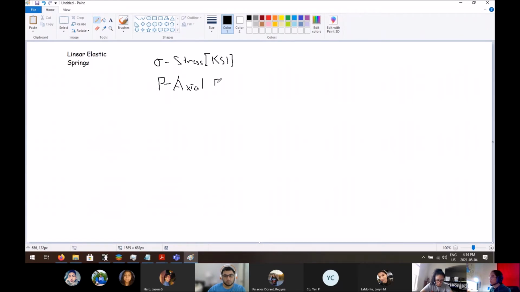So we have axial force, which can be measured in kips or pounds. So it's a force. And then we have obviously area, measured in inches squared, feet squared, right? So one of the formulas you should know: stress is equal to force over area.